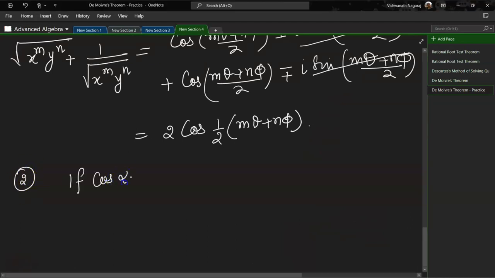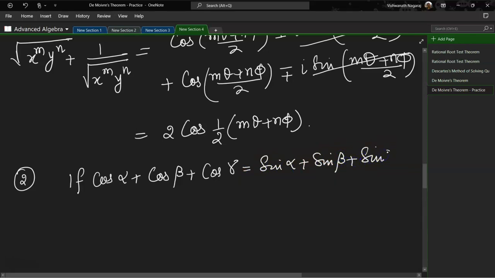If cos alpha plus cos beta plus cos gamma is equal to sin alpha plus sin beta plus sin gamma equal to 0.